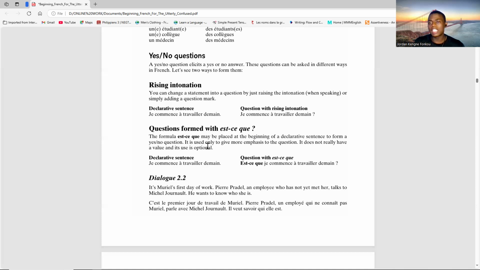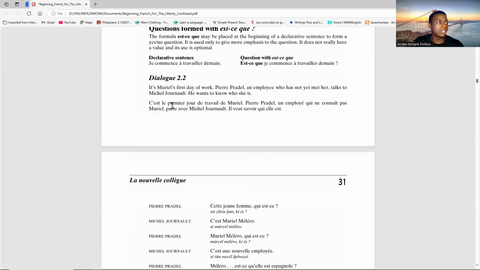So just by adding the expression est-ce que at the beginning of an affirmative or declarative sentence, you make it interrogative. Here we have je commence à travailler demain. Then the question, est-ce que je commence à travailler demain? Very simple. This one is much more practical and I do advise you to use this one. So let's go with this dialogue.